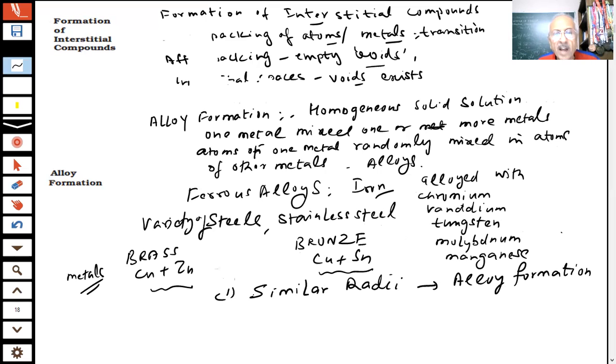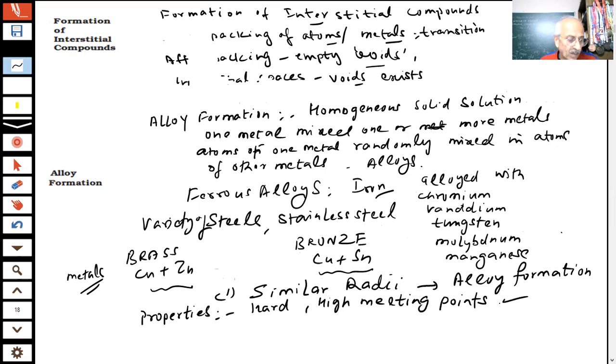Usually the properties are modified and improved, students. They are quite hard and have high melting points. Therefore, they are of great industrial use and are being used a lot in our everyday life.